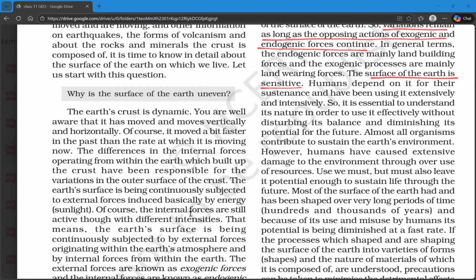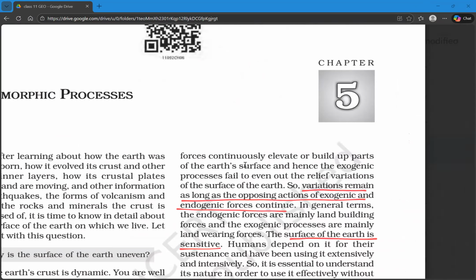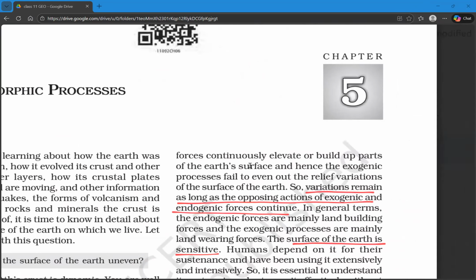The endogenic forces continuously elevate or build up parts of the Earth's surface. So the endogenic forces work in opposition to the exogenic processes, and hence the exogenic forces fail to even out the relief variations on the surface of the Earth. Although the exogenic forces are acting in gradation, why is the Earth's surface uneven?